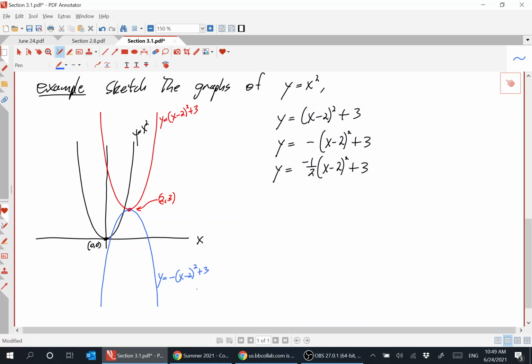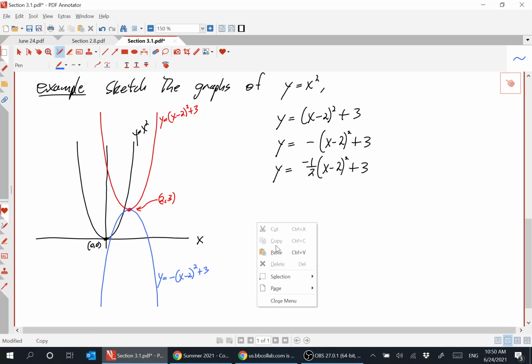So now, what about this one? What's the difference between this one and that one? Well, now the parabola gets squashed by 1/2, right? It gets squashed vertically by a factor of 1/2, because you take the outer function and you multiply it by a number less than 1. And it's negative, but we already took that into account. Now it's going to get squashed by a factor of 2.